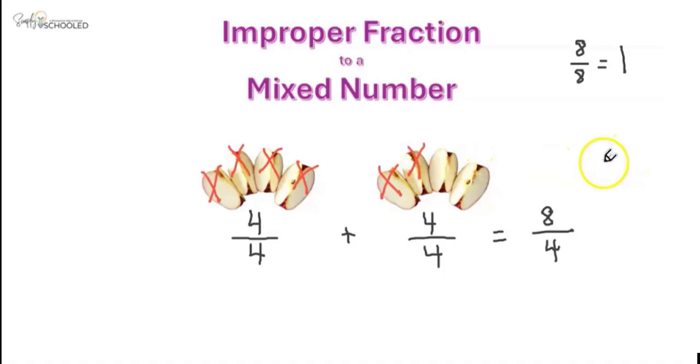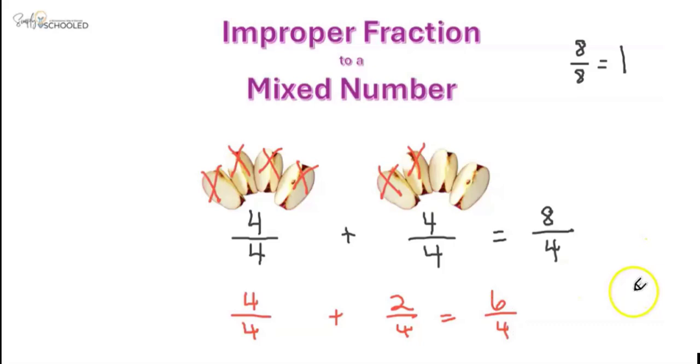If we want to know how much you ate, you ate 4/4 plus 2/4 equals 6/4. Again, we know right away that that is an improper fraction because it's more than 1 whole.